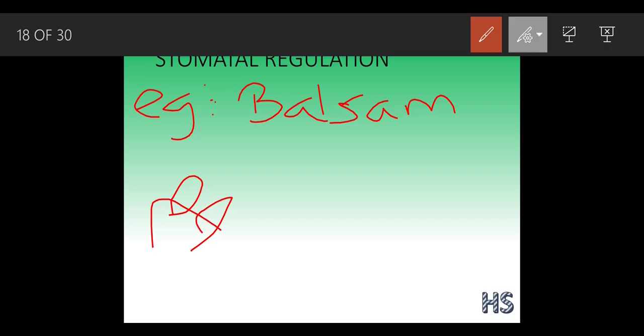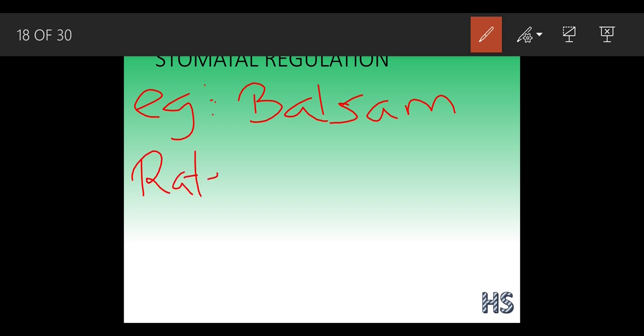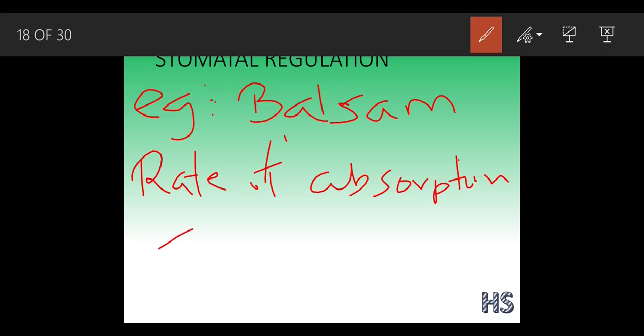Why does this happen? Because the rate of absorption is less than the rate of transpiration.